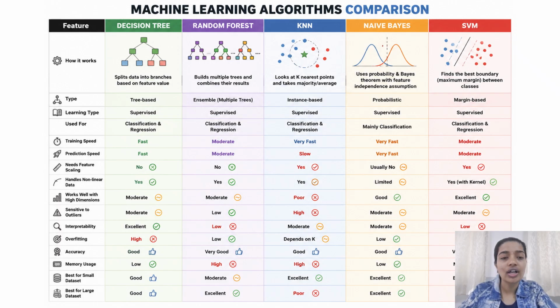The speed is very fast, both prediction speed and training speed, in the case of decision tree. We don't need any feature scaling here. It can easily handle non-linear data as well. When it is high dimensional data, it also performs decently. But the main disadvantage that we have already discussed is that it can cause overfitting.